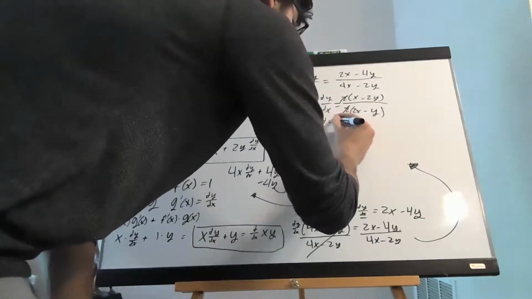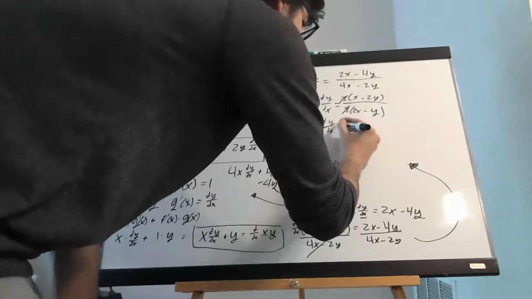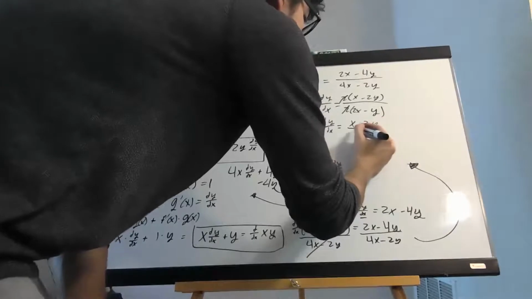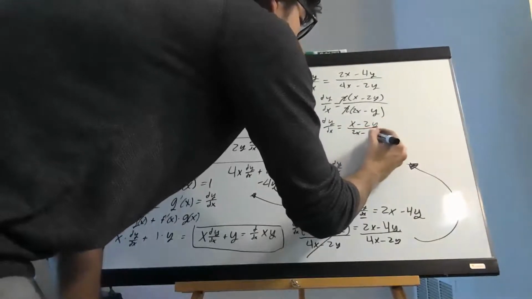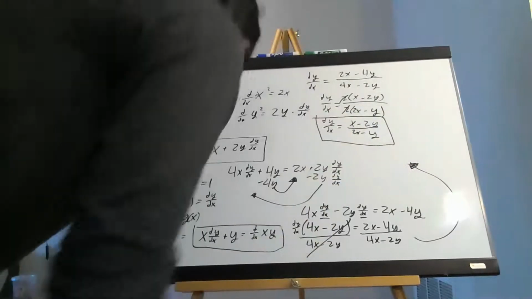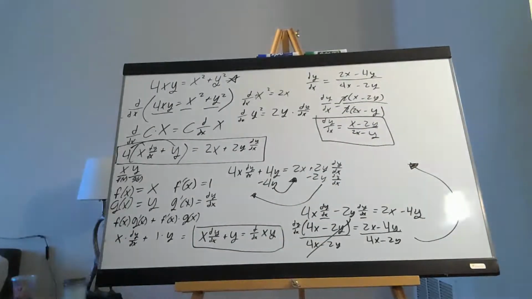So our final answer is going to be (x minus 2y) over (2x minus y).